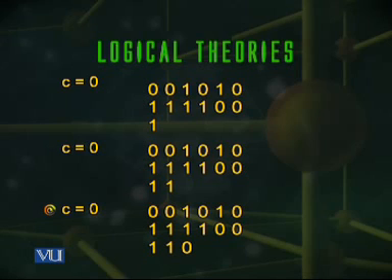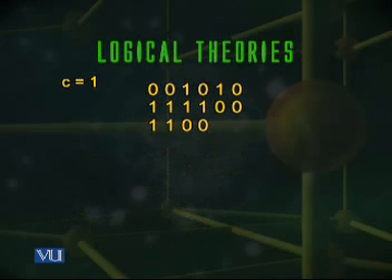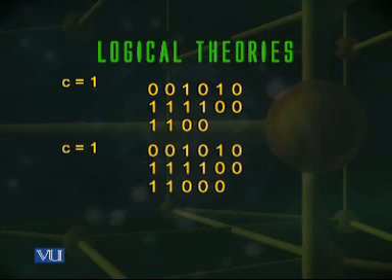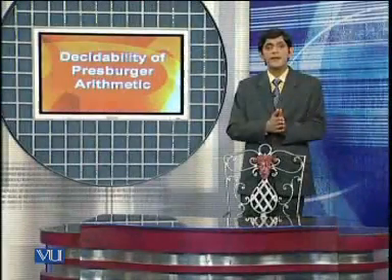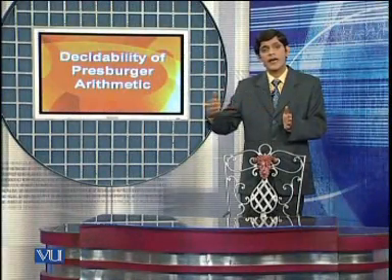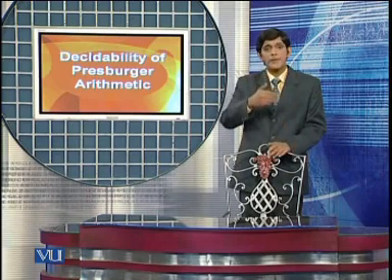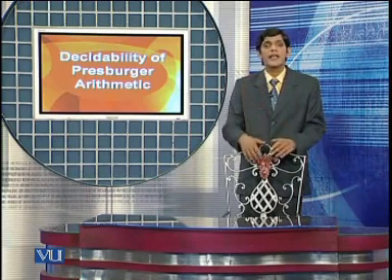After that, the answer is 0 and there is a carry. And in the last case, the answer is 0 and there is no carry. So the answer eventually turns out to be 1, 1, 0, 0, 0, 1. So adding 2 numbers in reverse is extremely simple. You just keep moving to the right and keep adding the bits, remembering the carry.